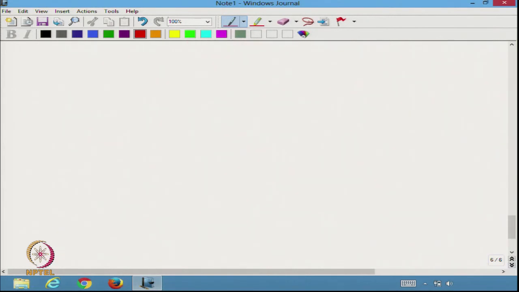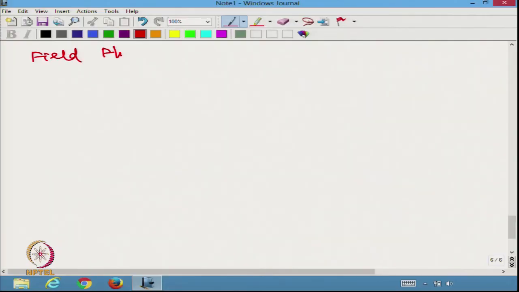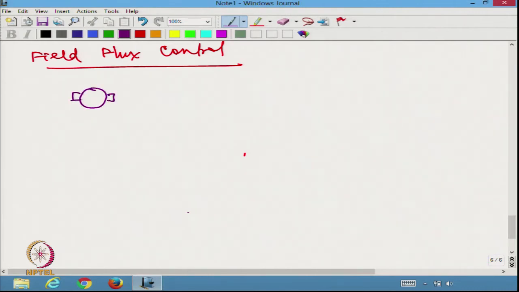Right. Now, let us try to look at the last type of control, which is field flux control. So, we are looking at field flux changing, which means I am going to have here the armature. I am going to keep very clearly VA as a constant, because I told you only one thing is changed at a time.